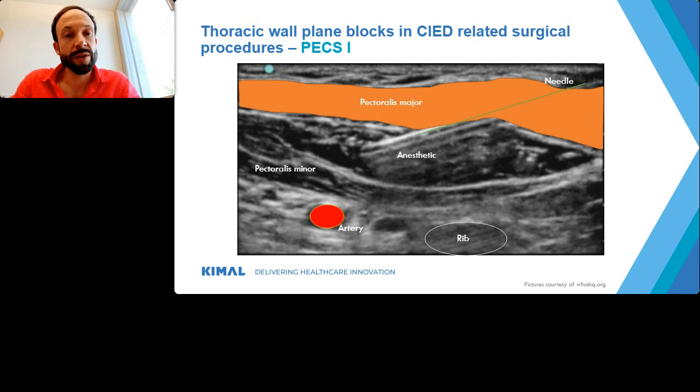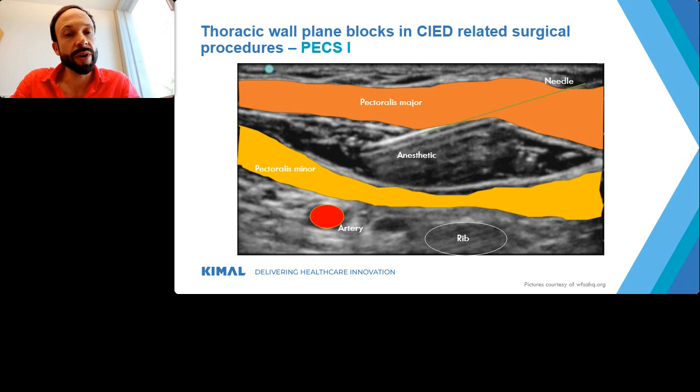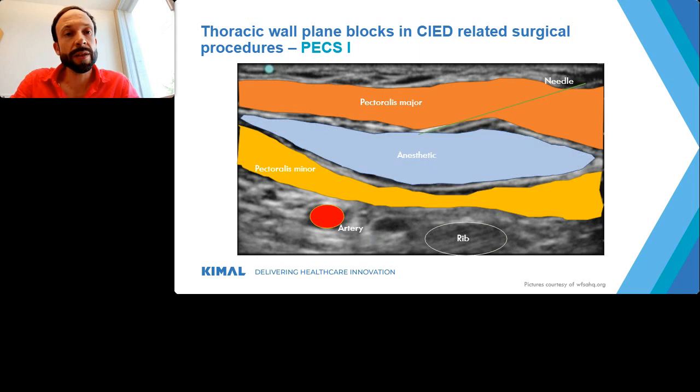Now here's the pectoralis minor. Again, we have the borderline structures, the artery and the rib. And this is all anesthetic now. This is the pectoralis 1 block, which helps you whenever you're conducting a primary pacemaker implant in subcutaneous position.